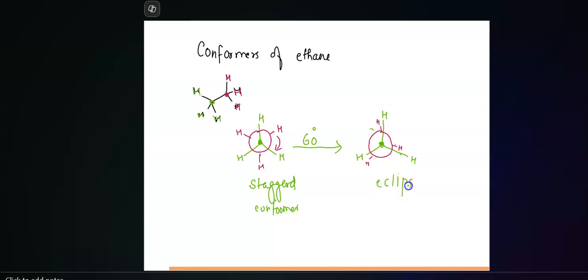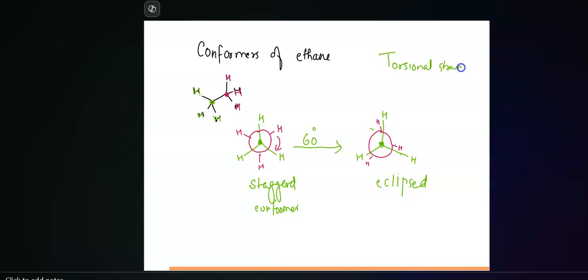If you see, the eclipsed conformer is higher in energy because here the hydrogen atoms are closer to each other. There is about 4 kilojoules of energy when they interact with each other, and that strain we call torsional strain.